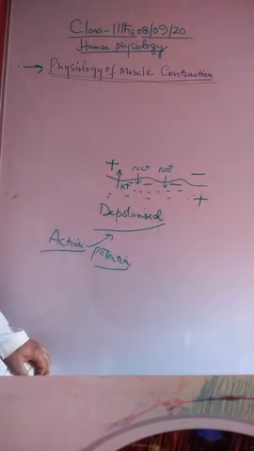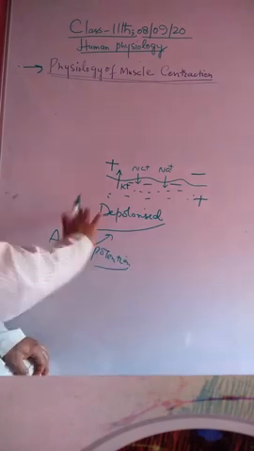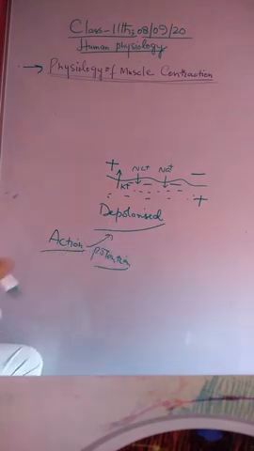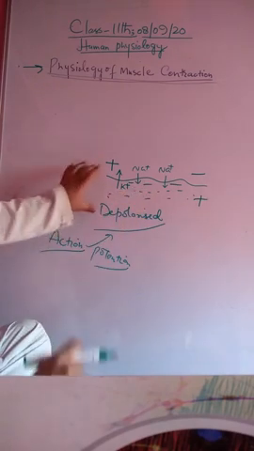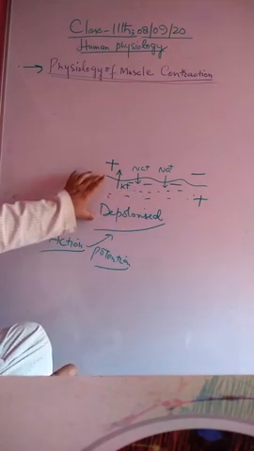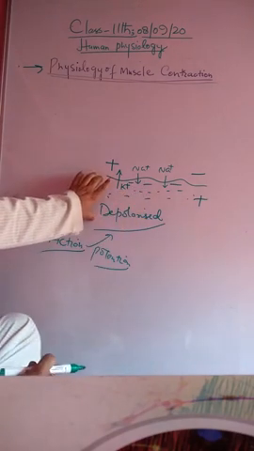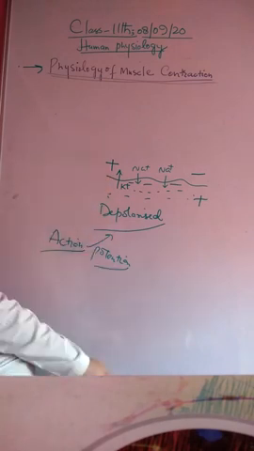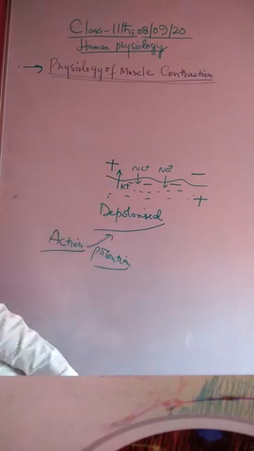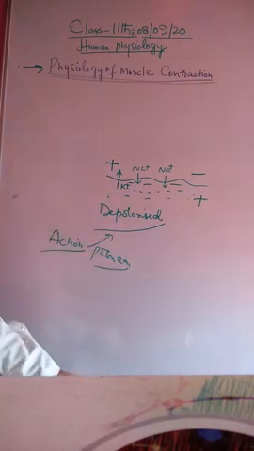When depolarization occurs, the muscle fiber contracts. This depolarization is the opposite of the resting potential. This is all about the physiology of muscle contraction.